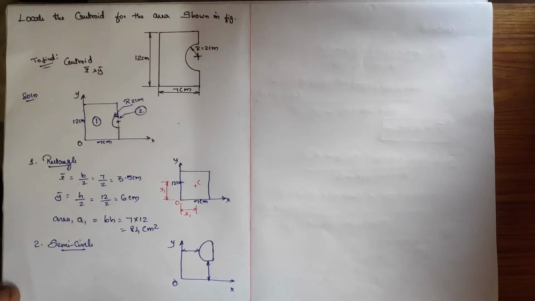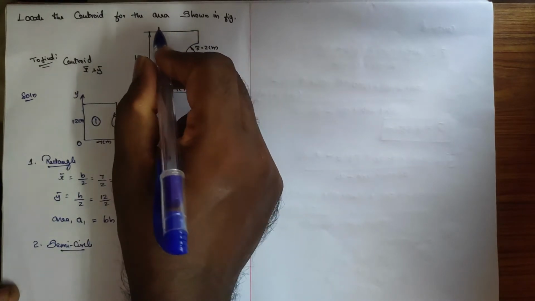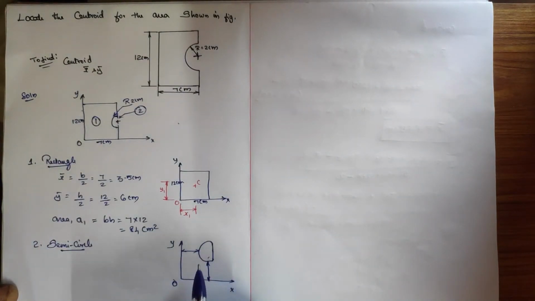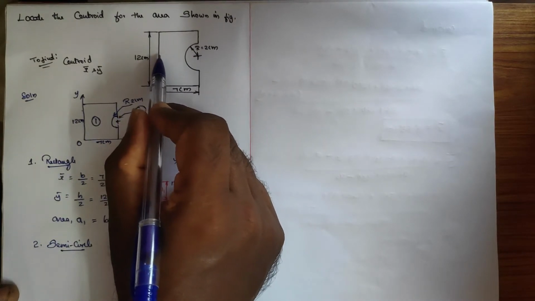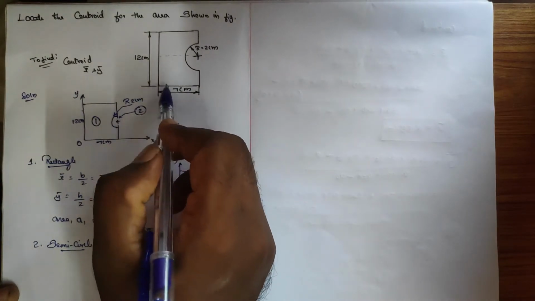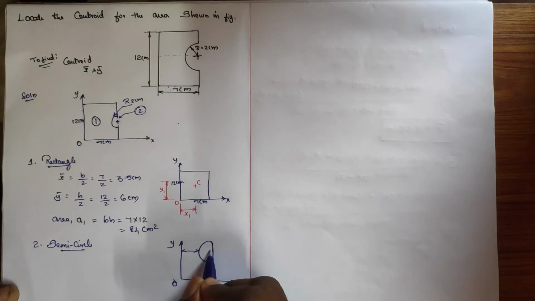So first, from OX, how long is it? Just see here, the particular end to the other side of the rectangle is given as 12 centimeter. If I take the center of the semicircle, I can say the distance is half of it, right? 6 centimeter.